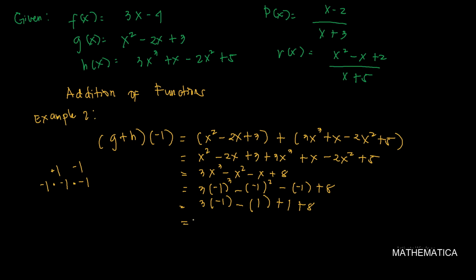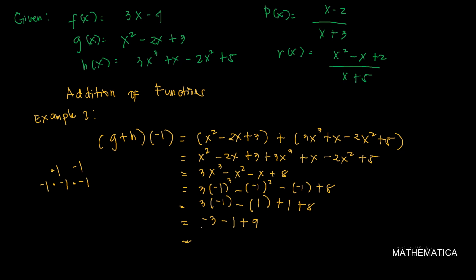Next, let us apply naman yung distributive property ng multiplication. We have to distribute itong 3 doon sa loob ng parenthesis. 3 multiplied by negative 1, we will have negative 3. Negative multiplied by positive 1, negative 1. 1 plus 8, magkakaroon tayo ng positive 9.